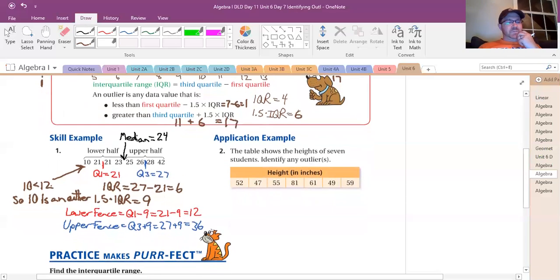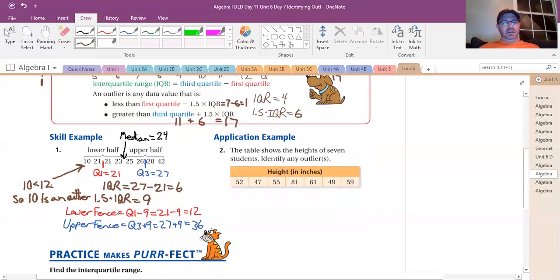Okay. And then also over here at 36, we see that, wait a sec, 42 is greater than 36, so that means 42 is an outlier.